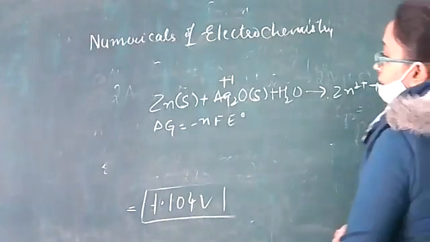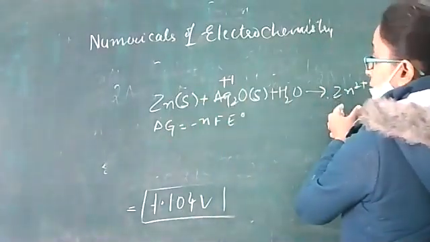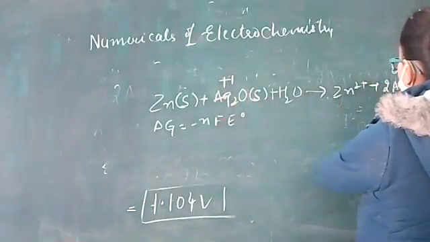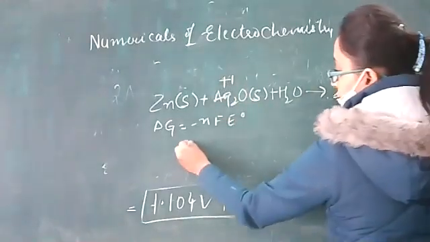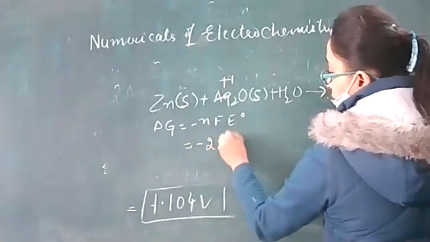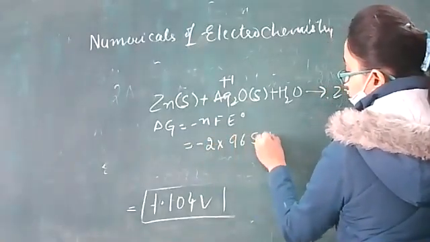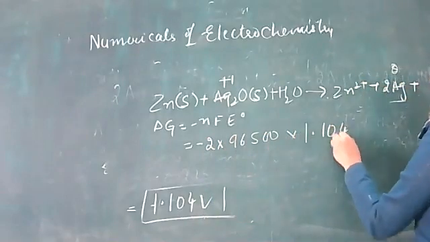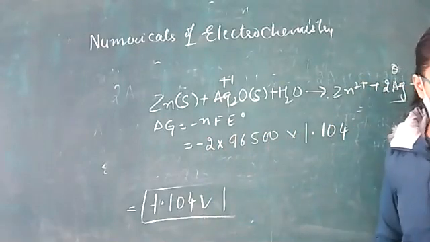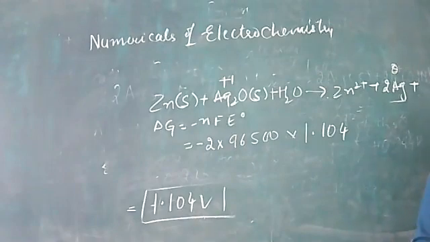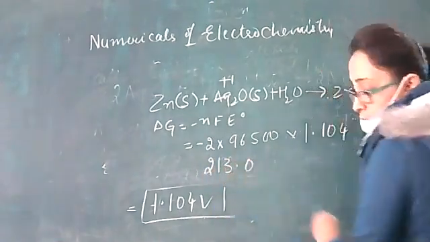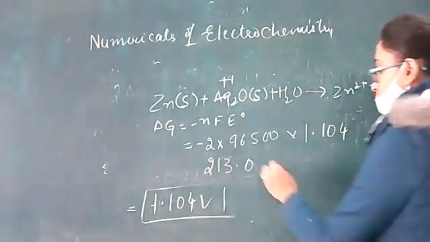There are 2 electrons, as zinc is changing into zinc 2 positive, so 2 electrons are lost, and silver gains 2 electrons. So minus 2 into 96500 and E naught value is 1.104. From here you can find delta G, the value is 213.072.